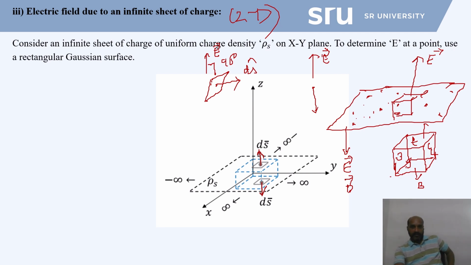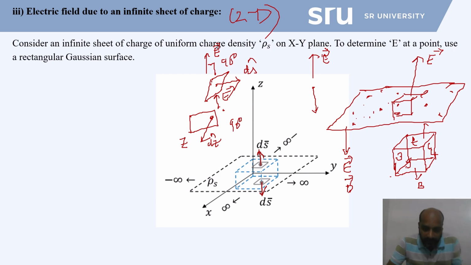And even if you draw the front and rear faces, like this is along the z axis. Electric field is along the y axis, but the direction of surface is along the z axis. So y and z are separated by 90 degrees.